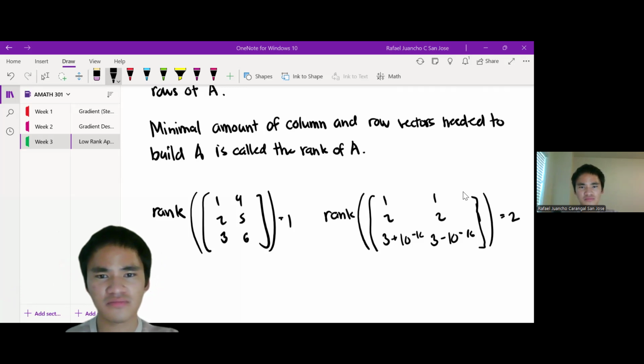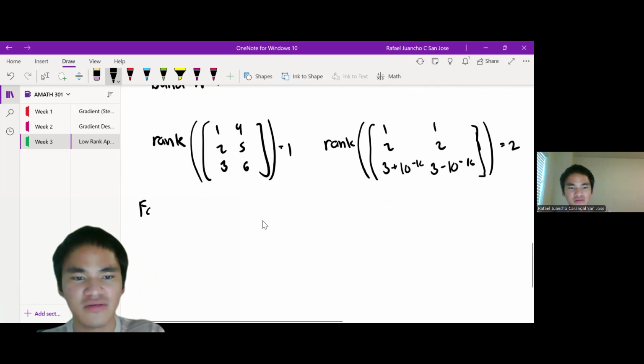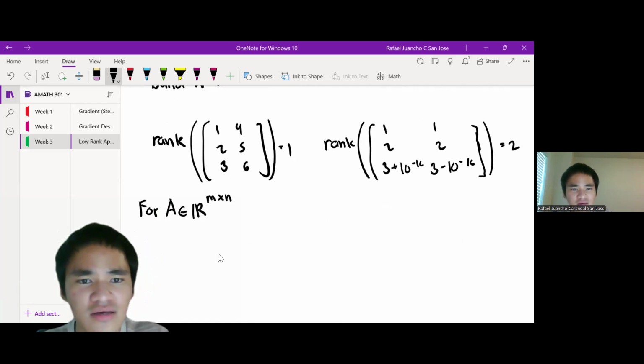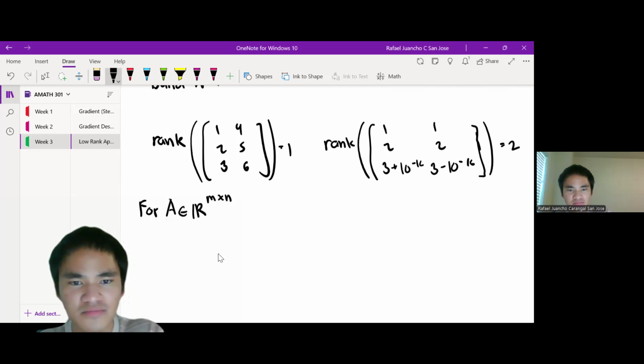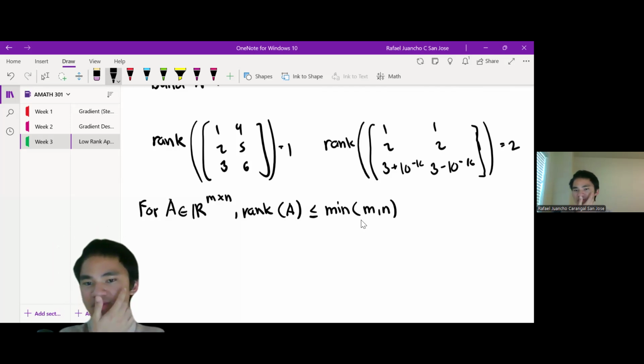so let's make a statement here. Let's say my matrix A is an m by n dimension. Well, its rank is less than or equal to the minimum between these two.